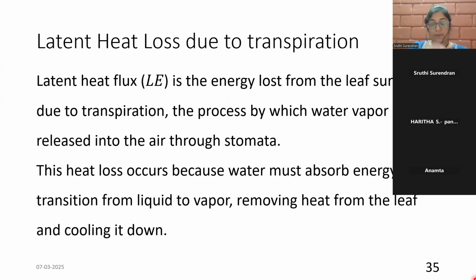Now we were talking about sensible heat, which is nothing but heat that is resulting in a temperature difference. Now there is also another kind of heat which will result not in a change in temperature, but it will change the phase of the object. Now if you look at ice, the freezing point of ice is at 0 degrees. Maybe this will help you in understanding more.